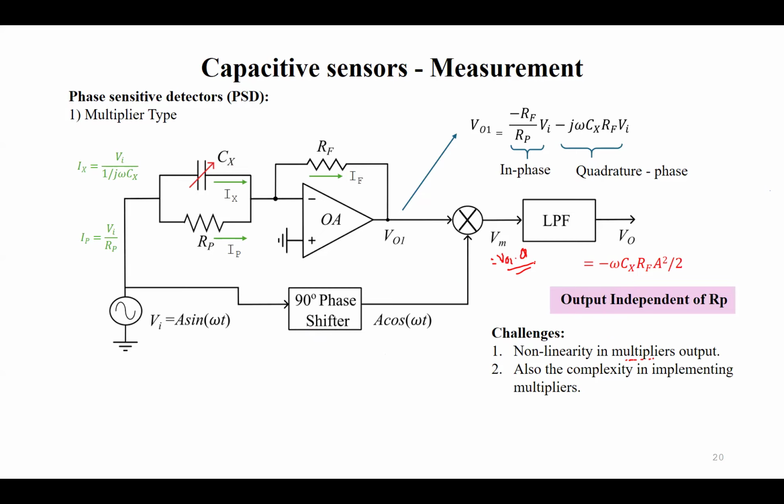So in this sensing, those non-linearities will create huge error in measurement. Also, there will be a lot of complexity while implementing these multipliers. So even though this is a very effective method, how to overcome these challenges due to the multiplier?